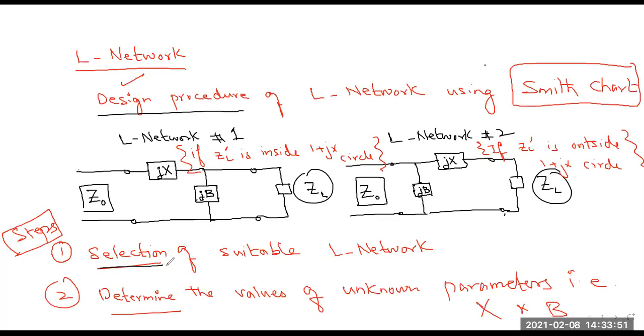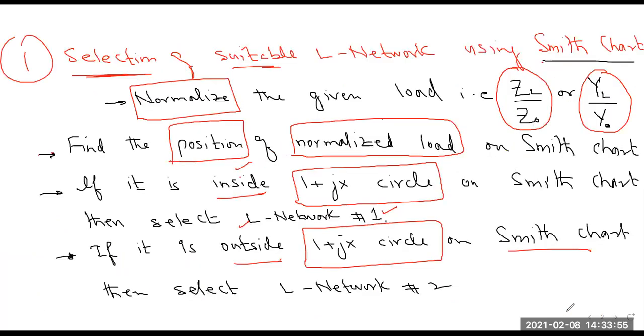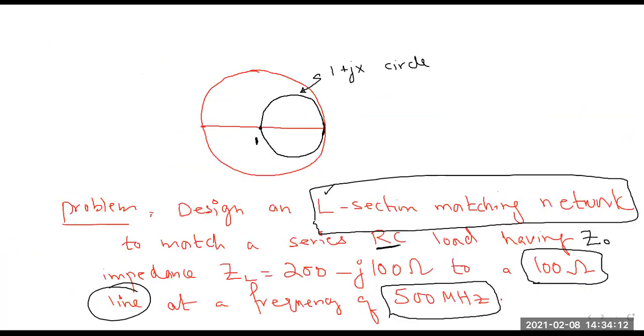For the first step, we have identified step by step the method by which you can find the suitable network. First normalize the load and then find its position. So first of all, I am going to normalize my load.